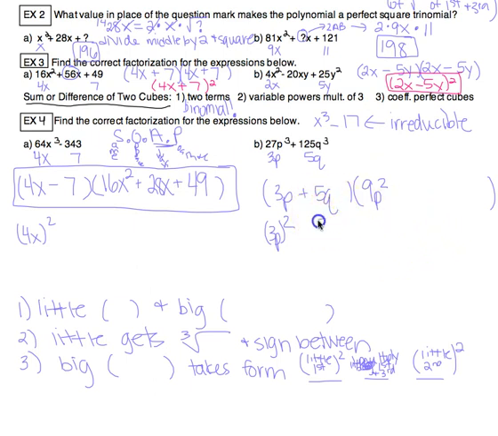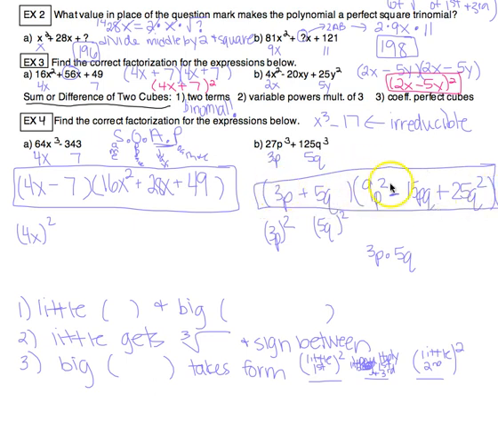In the back, I'm going to take 5q and square it, which gives me 25q squared. Now the middle multiplies. So I'm going to multiply 3p times 5q, which gives me 15pq. Then I use my soap. You always want to use soap to keep yourself clean. So same plus, opposite minus, always positive. And now I've got my baby and my mama parenthesis complete, and so that's fully factored.